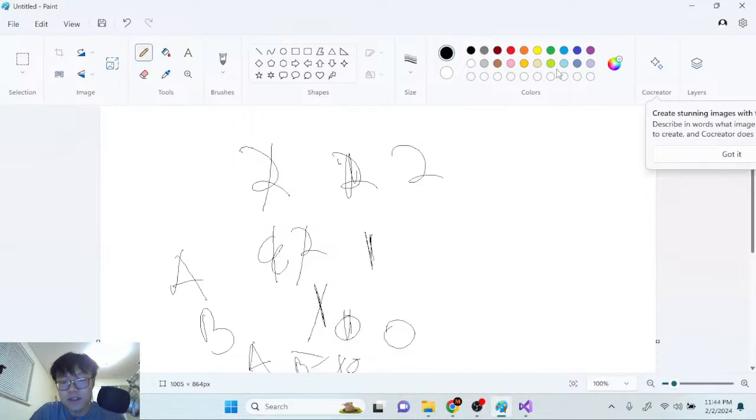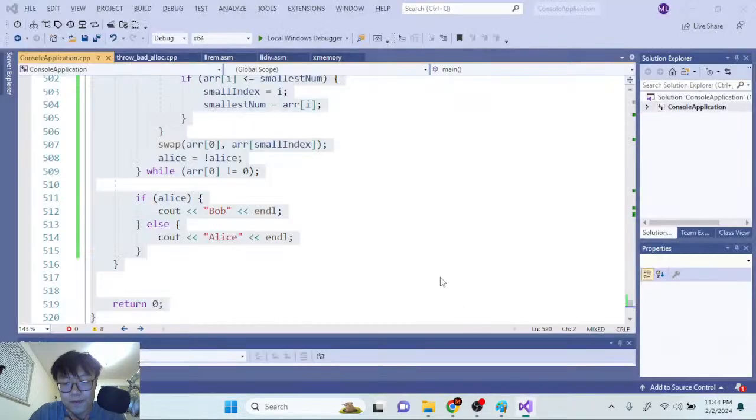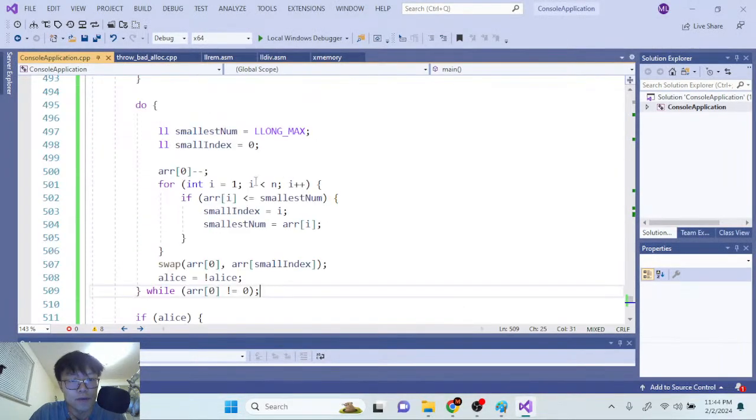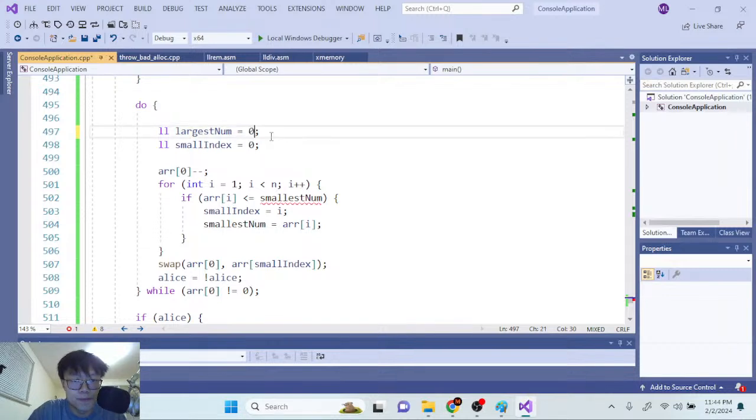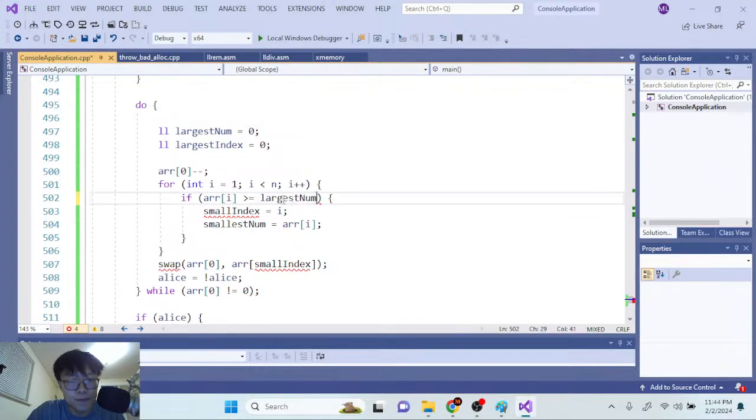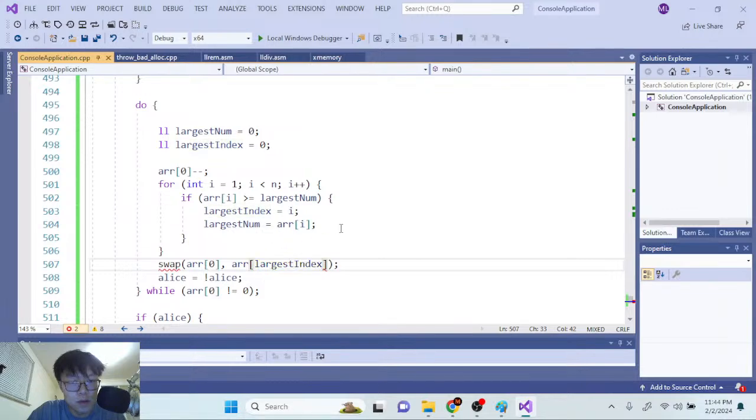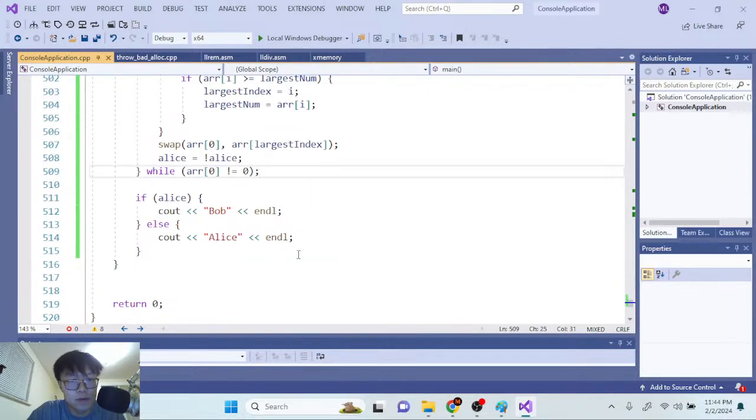You know, let's see if we could find the... Let's see if the largest one works. This is just to see if like... Let's see if this would work.